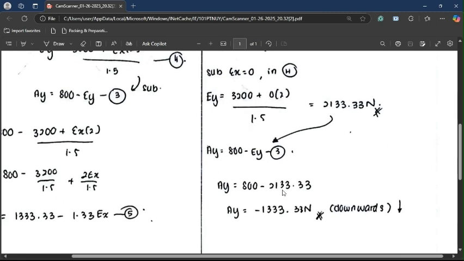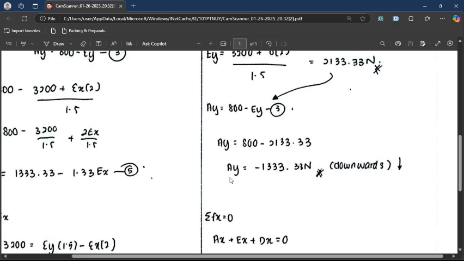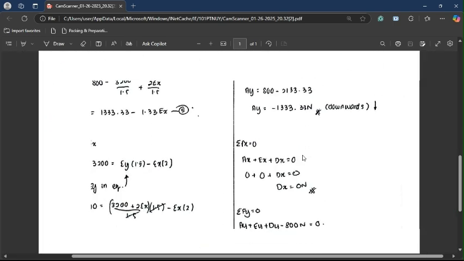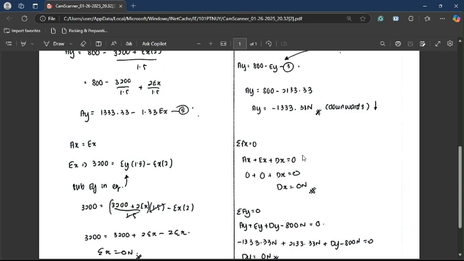The value of Ey will be subbed in here, and apparently we will get the answer for Ay. The vertical force is negative 1333.33, so the force will be pointing downwards. After we get the values of Ax, Ay, Ex, Ey, we can simply get the values of Dx and Dy.